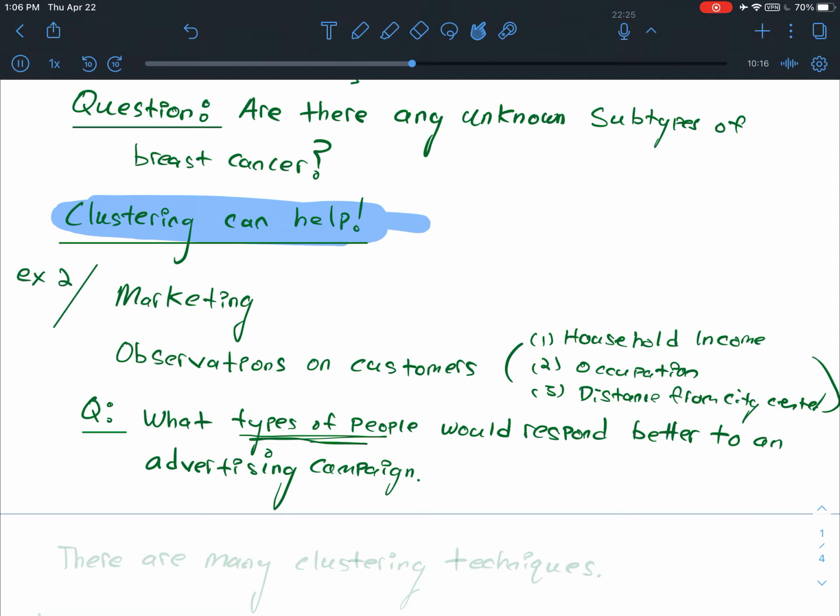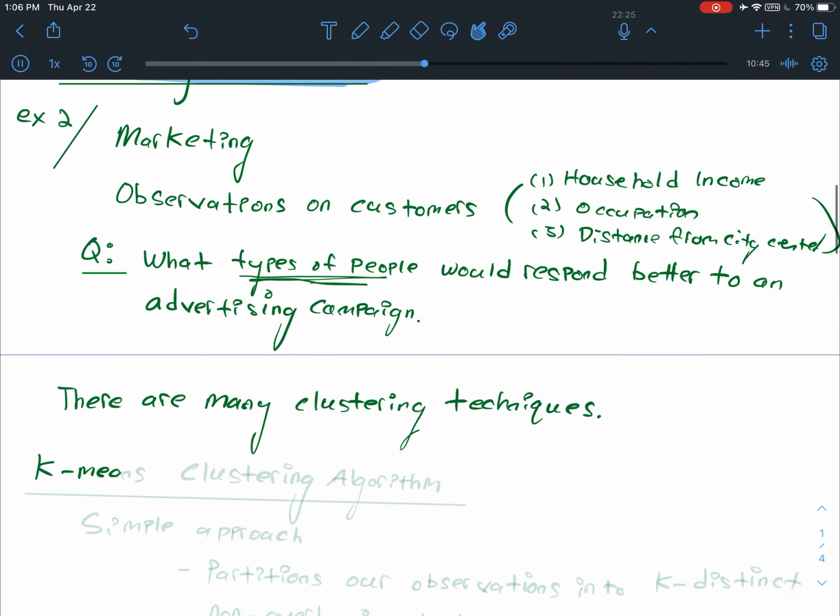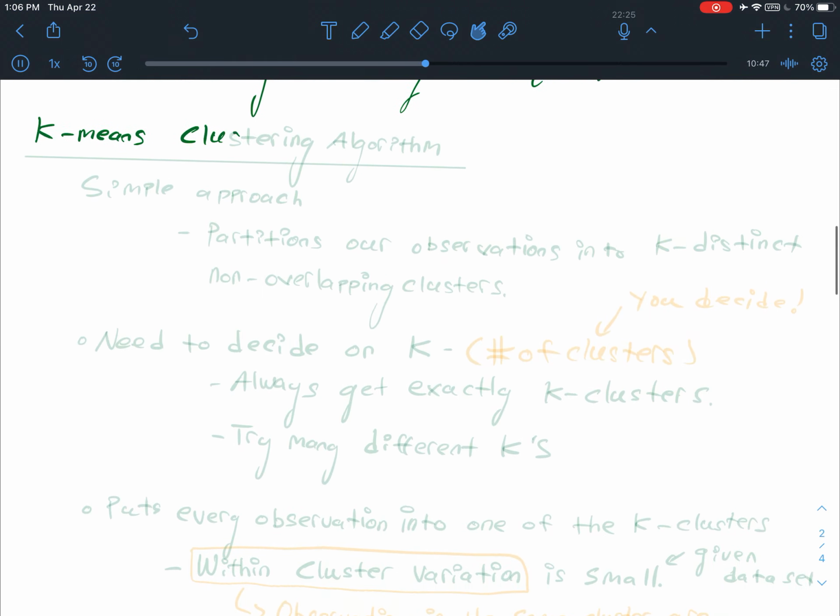So there are many clustering techniques, and we're not going to learn about all of them. We're going to learn about, I think, the simplest and most famous one. Everyone has their own riff on clustering. Similarly with classification, we didn't learn about all classification techniques, but we're going to learn about a very famous algorithm right now called the k-means clustering algorithm.